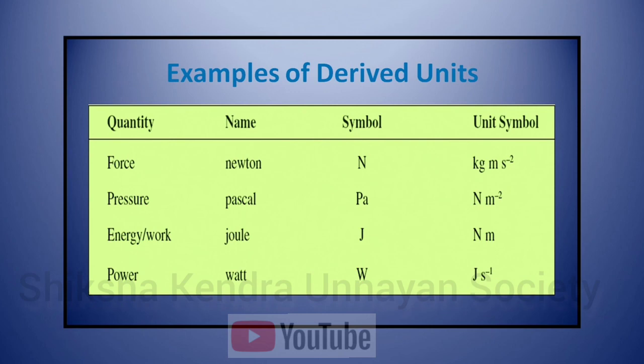For pressure, similarly, its SI unit is Newton per meter square, and for Newton you can again use kg meter per second square. Energy unit is Joule, it is Newton into meter. Newton can be expressed in terms of kg meter per second square. For power, unit is watt and it is expressed as joule per second.